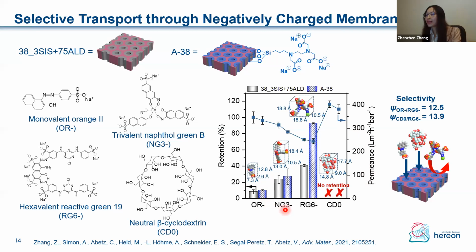From this graph, we can see the membrane can highly reject the larger anionic molecules with higher charge numbers, and allow the passage of the neutral molecules and also the smaller anionic molecules with lower charge numbers. So from those results, we can see our prepared functionalized membrane showed very promising results for molecular separation.